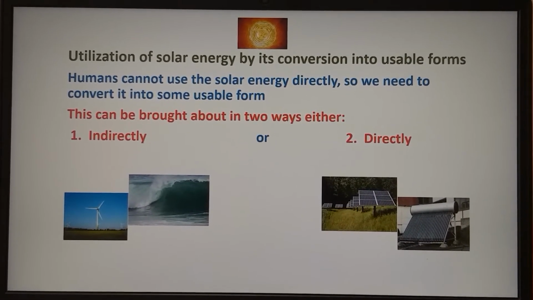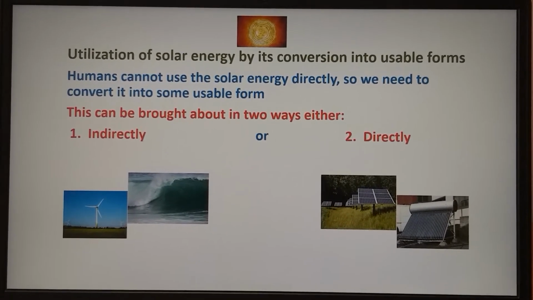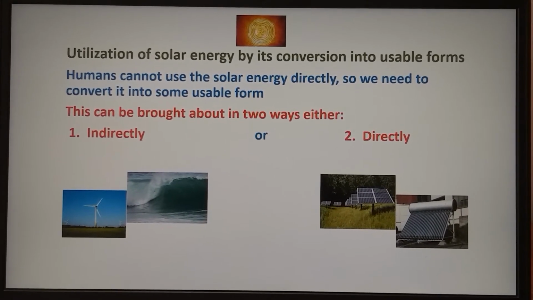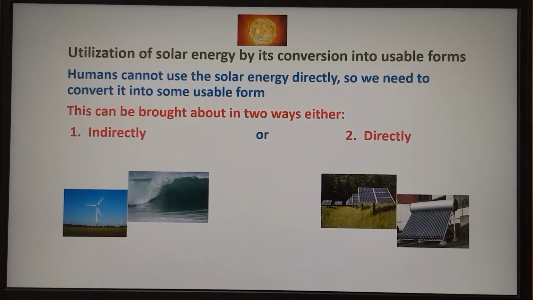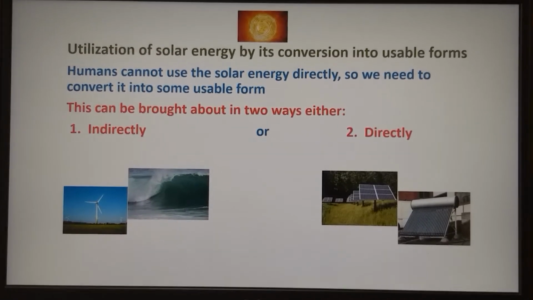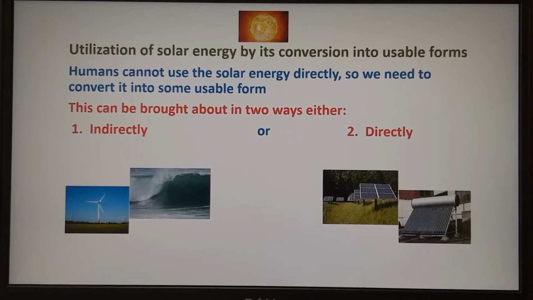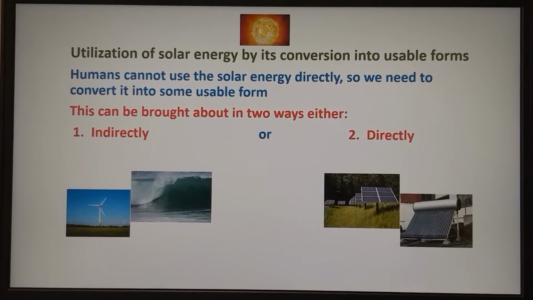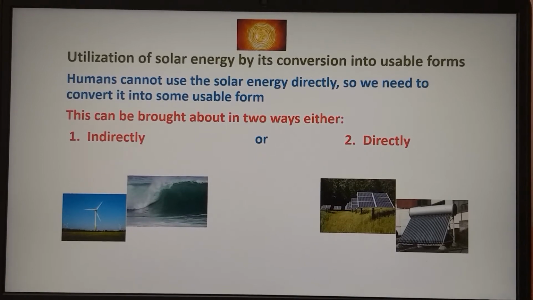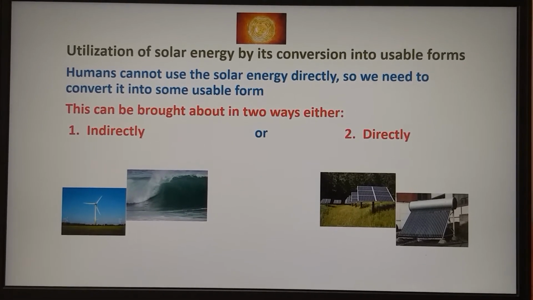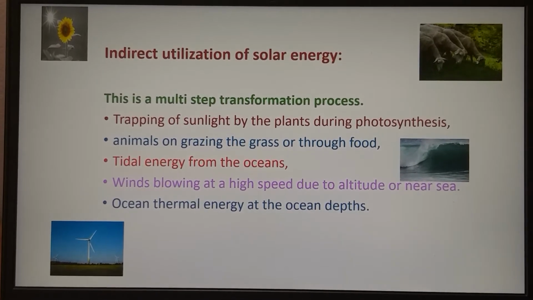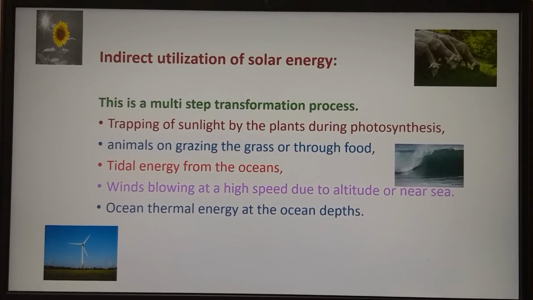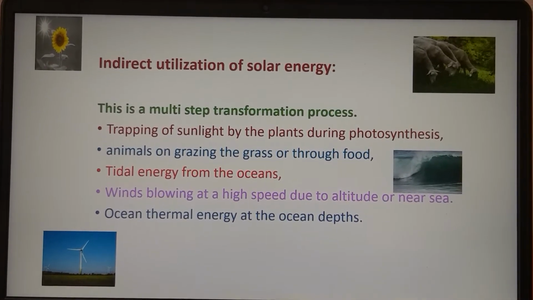Humans cannot use the solar energy directly as the plants do. Therefore, we need to convert it into some usable form, and this can be performed in two ways, either indirectly or directly. How to convert the solar energy into usable form by indirect methods?